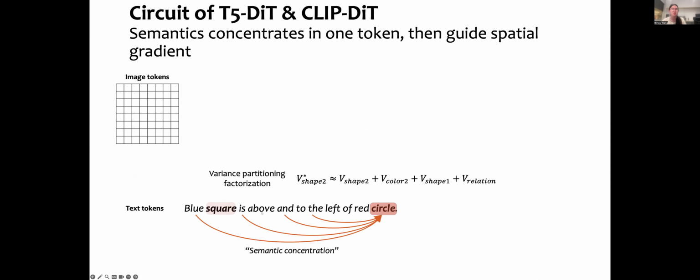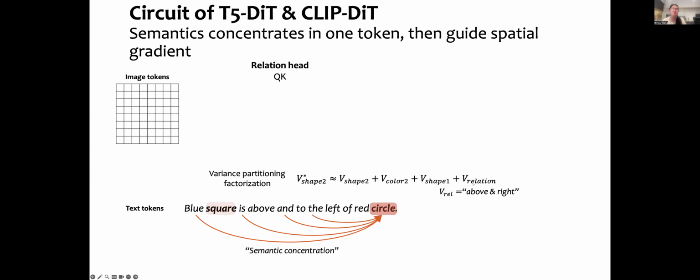And to understand how the diffusion model uses the last object word, we performed a variance partitioning analysis, basically factorizing this vector of shape 2 into different factors describing shape 2, shape 1, color 2, and relationships. And then we can find which relation head reads this factor of relationships.